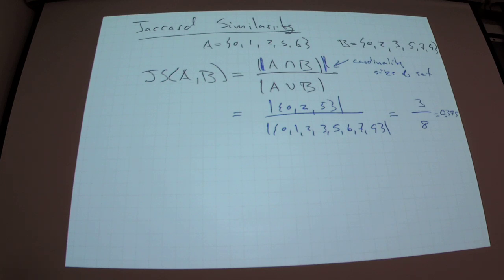Okay, so if clearly the overlap as a percentage of the union is getting bigger, then they should become more similar, and that's what the Jaccard similarity is capturing.